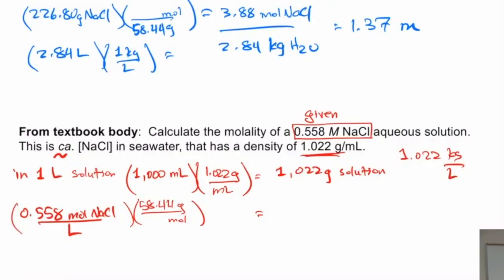So that's 0.558 times 58.44. So that's 32.6 grams of NaCl. Now I can figure out what the mass of the solvent was, because we take the total mass and we subtract the mass of the solute, right?